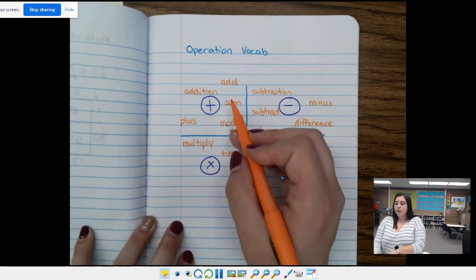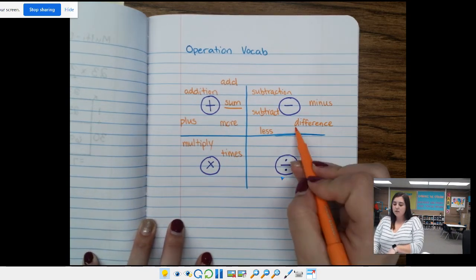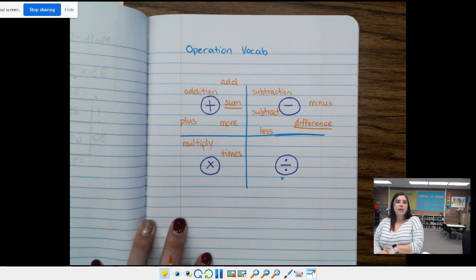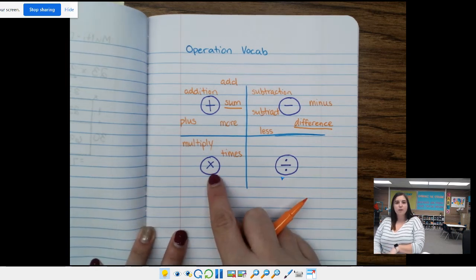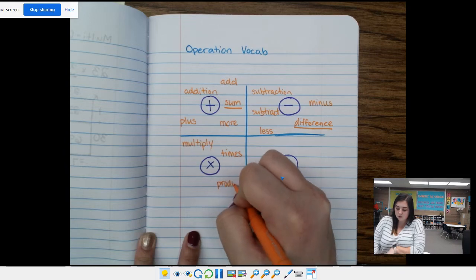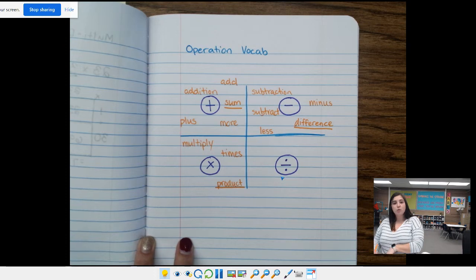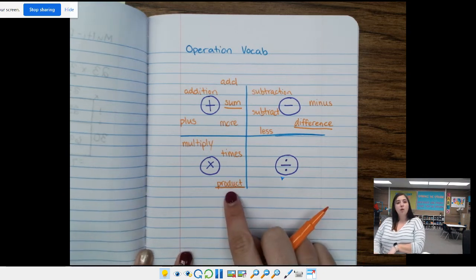So up above, we added sum for the answer to an addition problem, difference for the answer of a subtraction problem. Do you know what we call the answer to a multiplication problem? I almost said the word. It's product. So the product of 2 and 5 is 10, because 2 times 5 is 10.